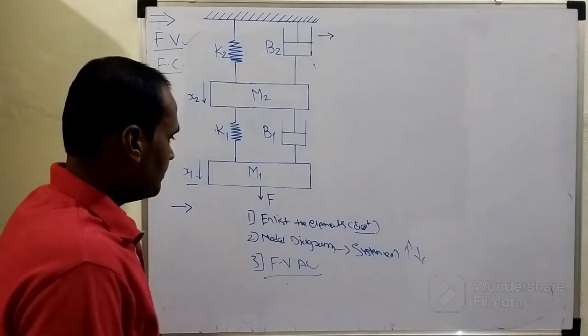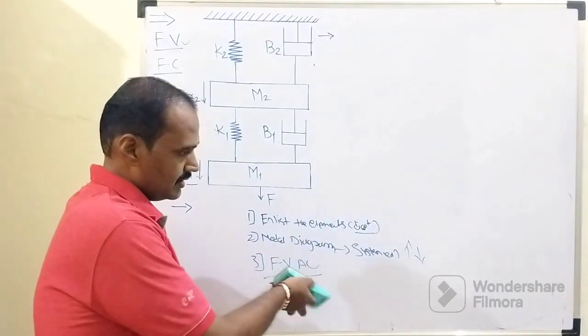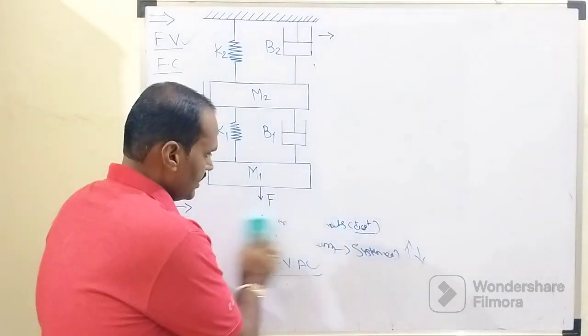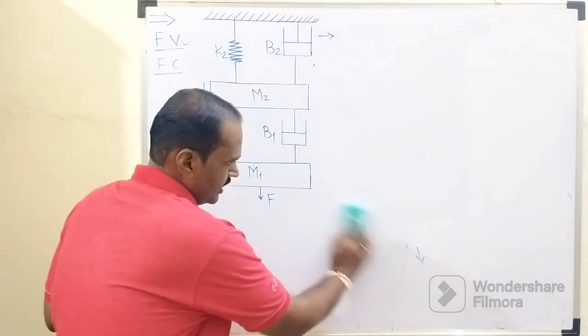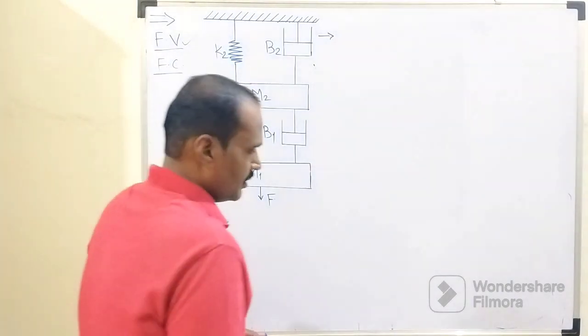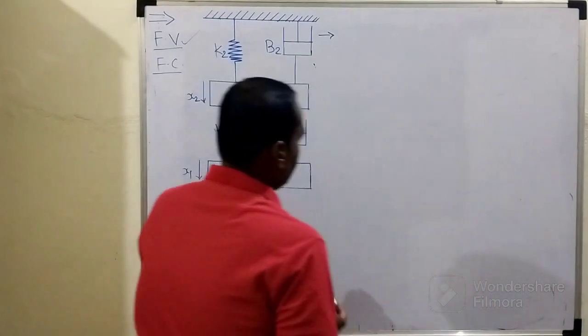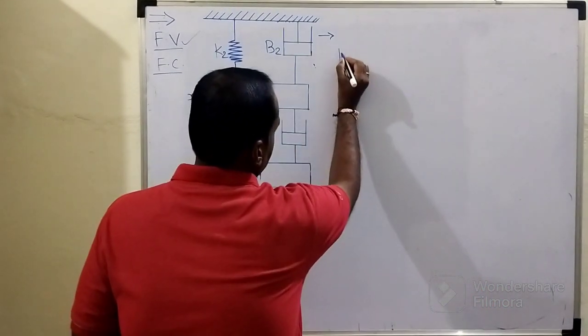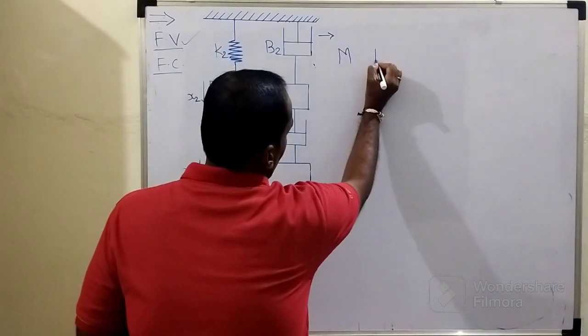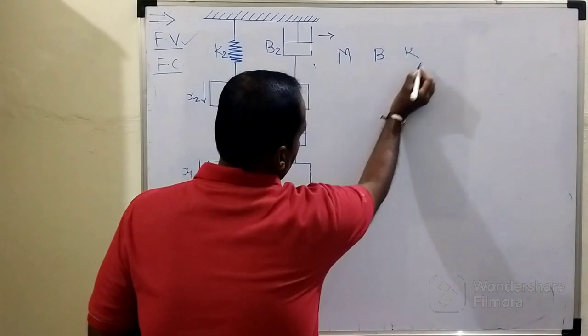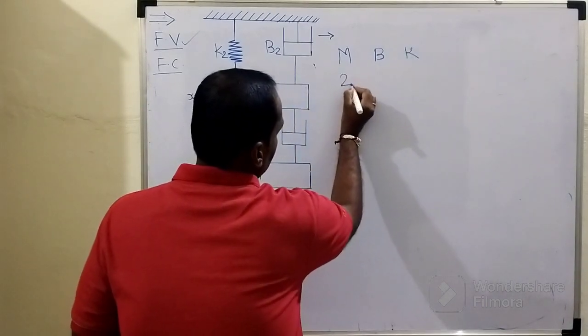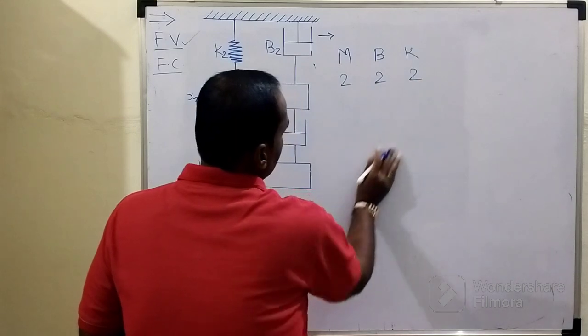Out of these 6 elements, for the sake of moment I will write these three basic steps. In the first step, we need to count how many masses denoted by m, how many dampers and how many springs. We will come to know there are two masses, two dampers and two springs.